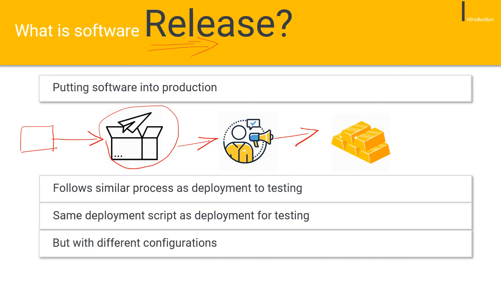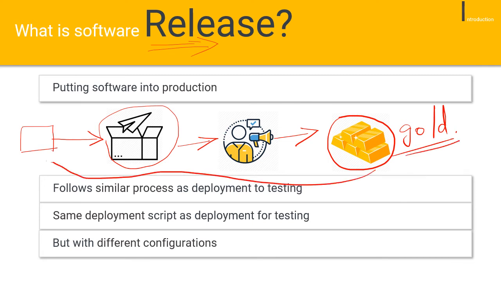Once you've put your software out to end users, you can say that your software has gone gold. The gamma stage was called silver.